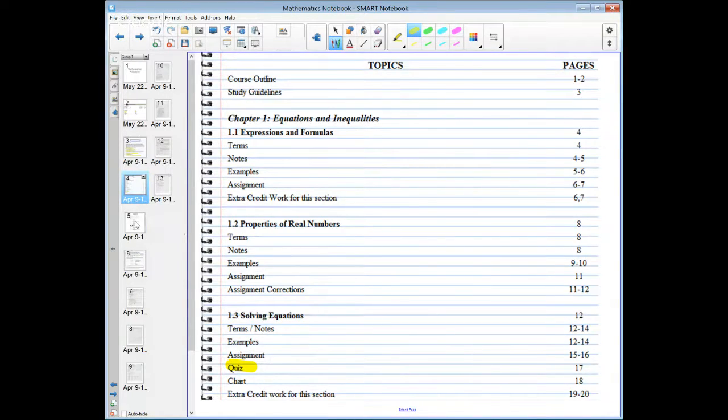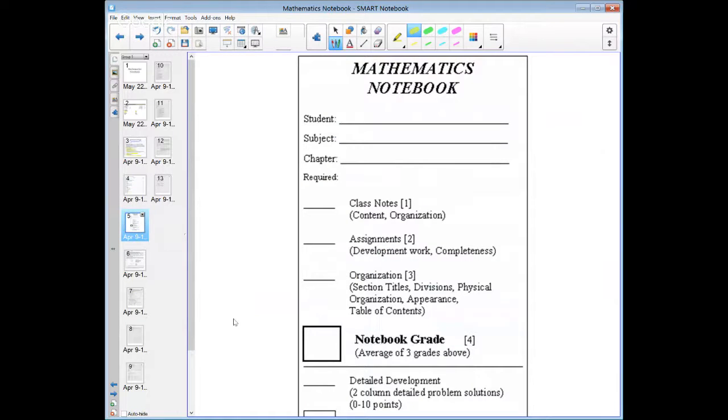Now, when a notebook comes back, I used to hand out a sheet that looked like this as my evaluation tool. Now I do it electronically, but basically the categories are the same. Chapter 1. You guys will hand your notebooks in or get them to me.